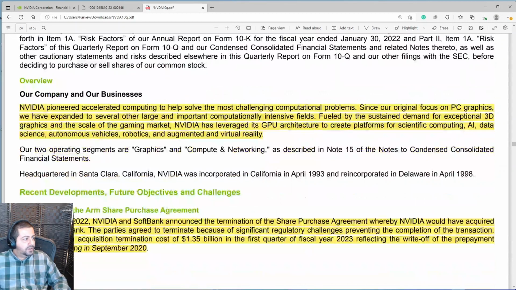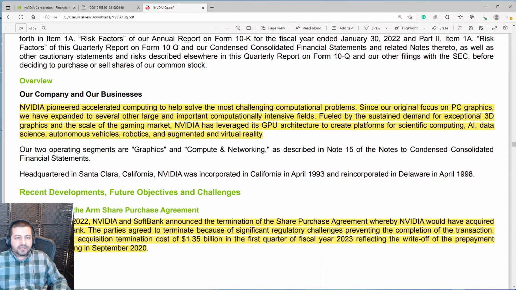So this is also a nice overview of the company and the business. It says Nvidia pioneered accelerated computing to help solve the most challenging computational problems. Since our original focus on PC graphics, we have expanded to several other large and important computationally intensive fields.